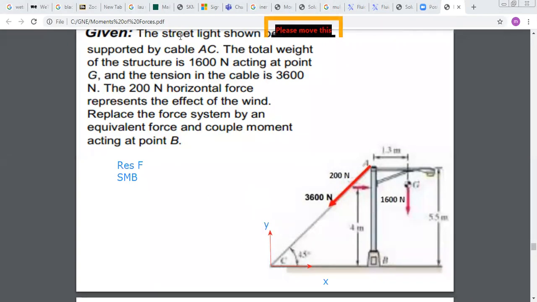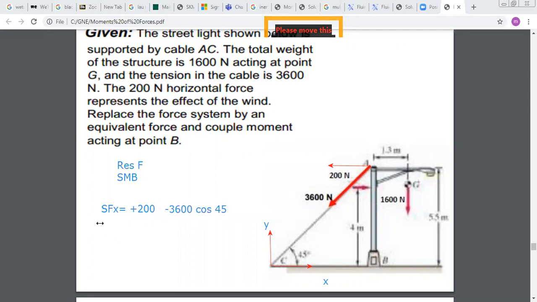I can say that the sum of forces along x equals, first, I have the 200 Newton force here in the positive x direction. So I have plus 200. Now, this one makes an angle of 45 degrees with x, and if I do the projection, it is in the negative direction. So it is minus 3,600 cosine 45. In this way, I get the sum of x.